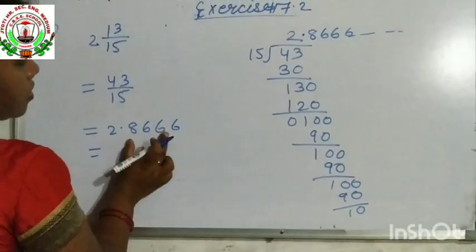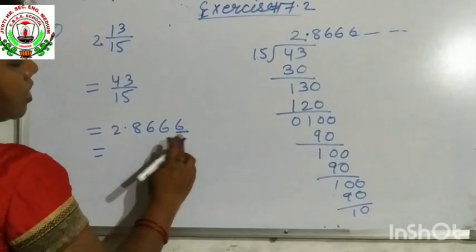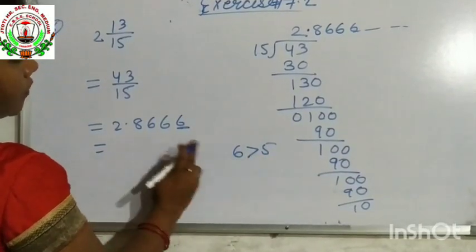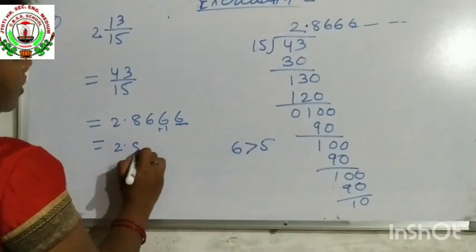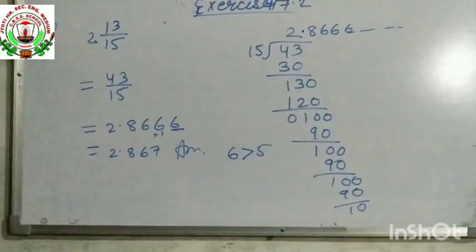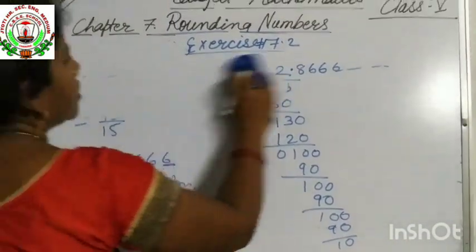So we have to see the 4th digit. Now this one is 6, which is greater than 5. So we will add here 1. When we add here 1, we get this number. So this is the answer, 2.867. Understood?